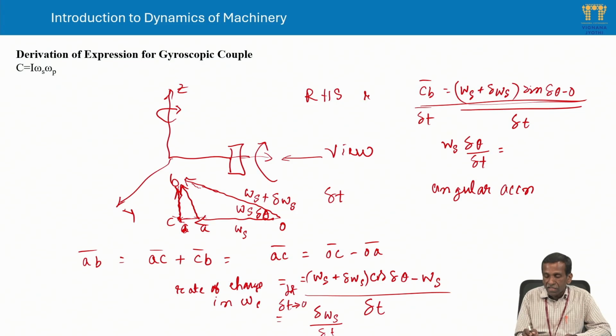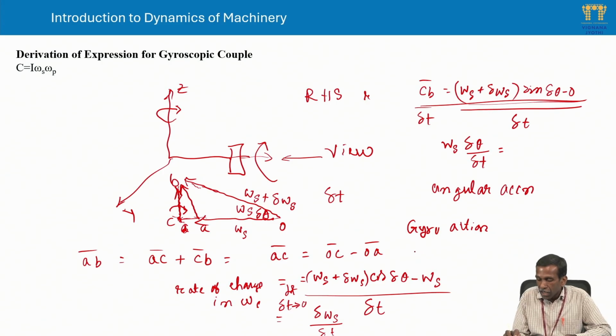If you rotate the entire spinning body clockwise, viewed from in front, about the y-axis, this effect of rotation is called gyroscopic action, or gyroscopic couple.